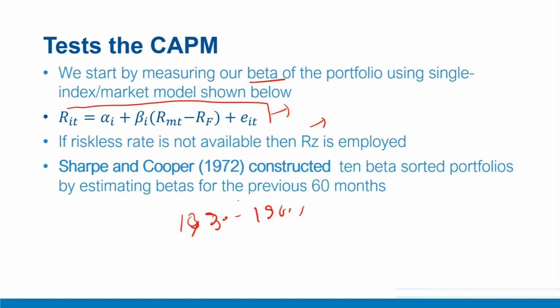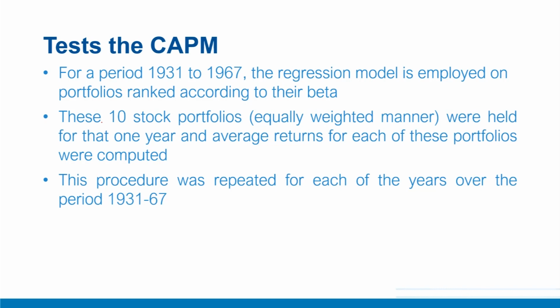Over this period, for each year, they constructed beta sorted stocks, sorting the stocks across 10 deciles of beta. So they started with the period of 1931 to 67, and they employed the regression model, the market model that we discussed earlier.